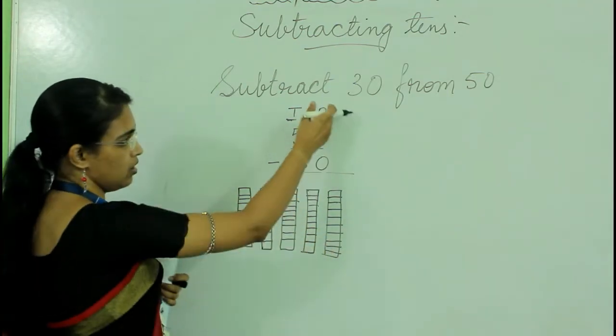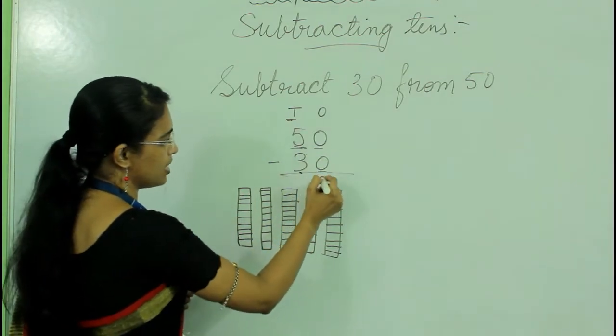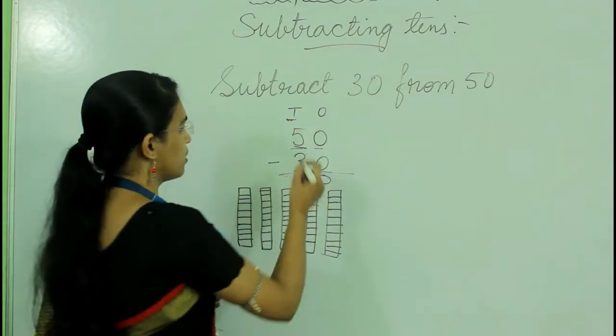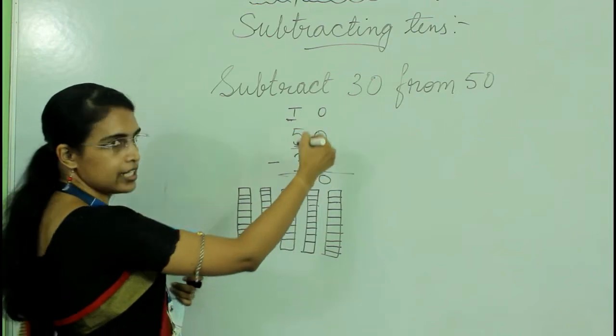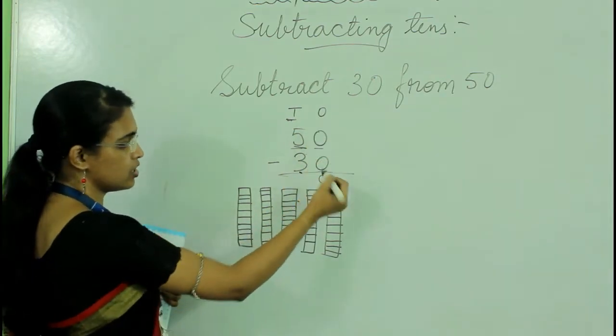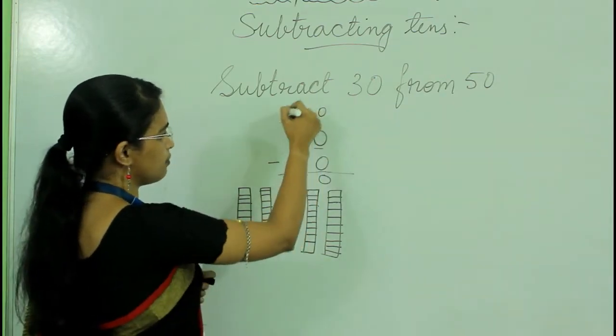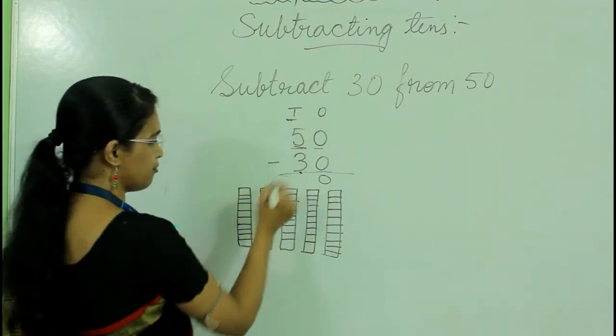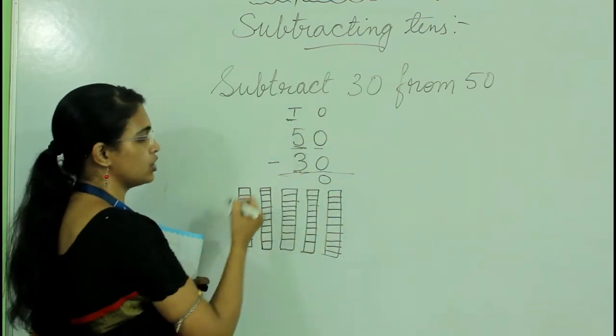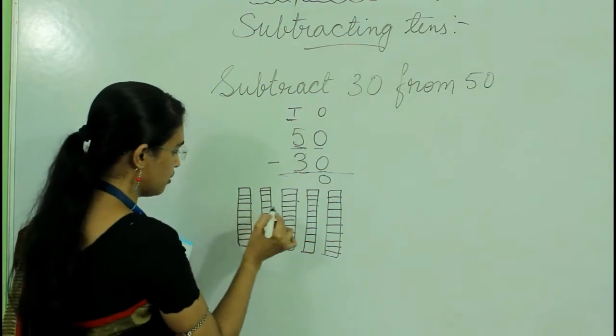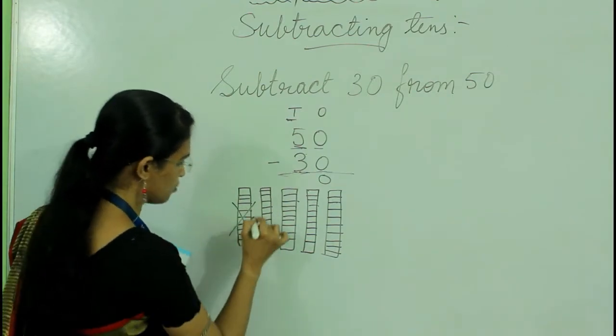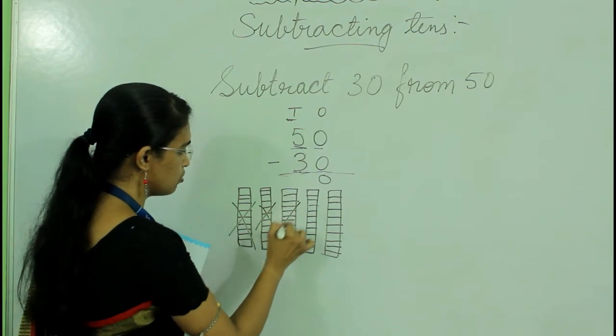So 0 minus 0 means 0. First we have to subtract the 1's place, so 0 minus 0 is 0. Now we have to subtract the tens place. So from 5 we have to subtract which number? 3. So how will we subtract? By cutting these groups. 1, 2, 3.